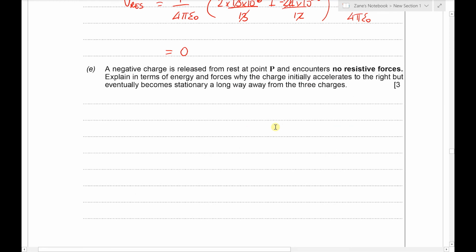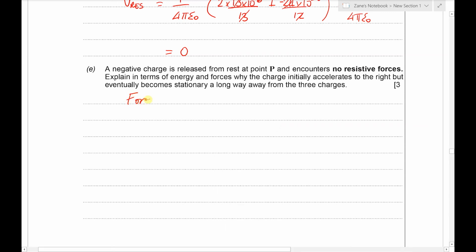Finally, a negative charge is released from rest at point P and encounters no resistive forces. We've got to explain in terms of energy and forces why the charge initially accelerates to the right, but eventually becomes stationary a long way away from these three charges. Well, first of all, the resultant field was to the left, and the resultant field shows the direction of the force on a positive charge.